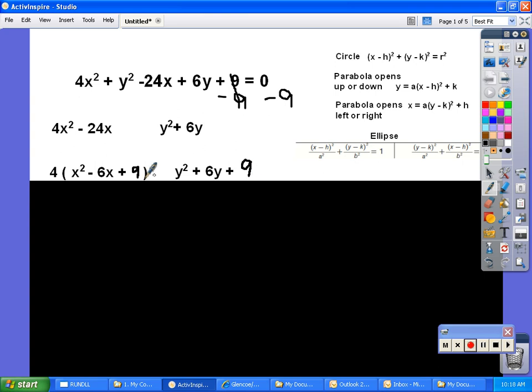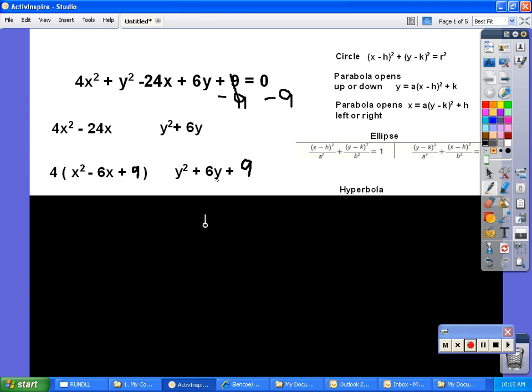Now I've just added two new numbers to the left side of my equation, and I need to balance and move those items to the right side. But I have to be careful because this is not just a 9. The 4 has to be distributed because it was pulled out previously. And 4 times 9 is 36. So I'm going to add a positive 36 to the right side because I already have it on the left side.